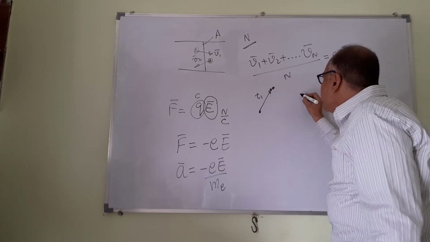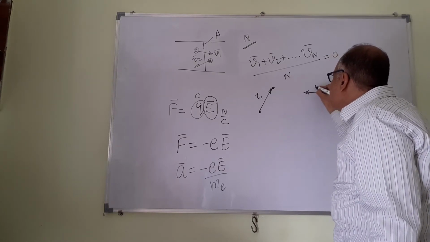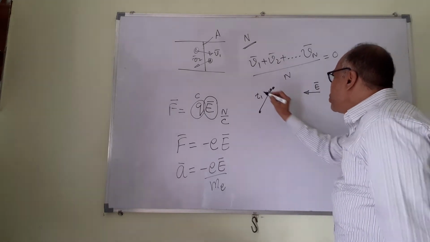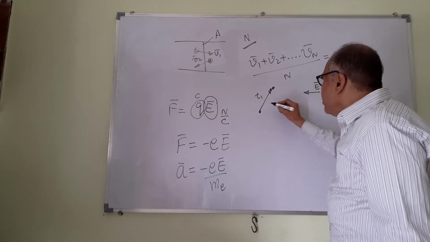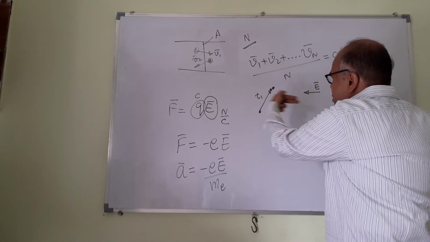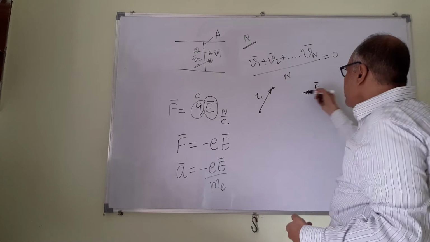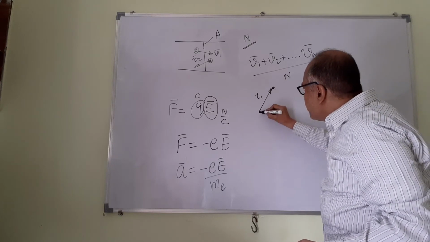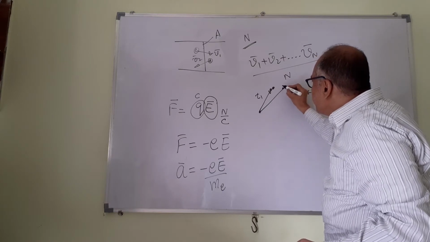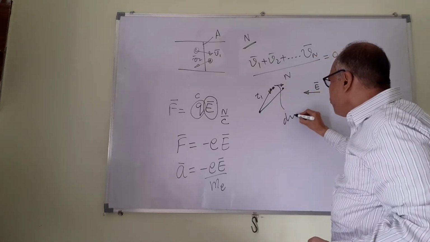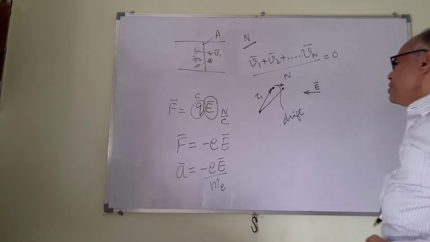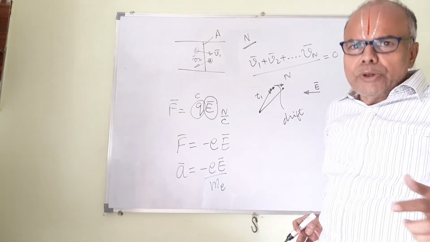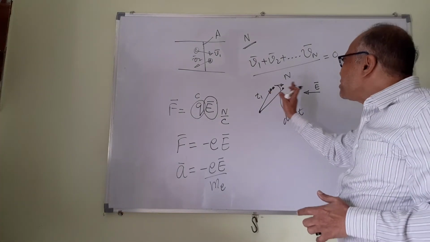If there is an electric field in this direction, the electron would drift opposite to the electric field. Since the electric field is towards the left, the drift will be towards the right. So instead of going here, it will reach here. This is the drift. It is not so large; just for visual purposes I have shown it enlarged. There is a very slight drift.